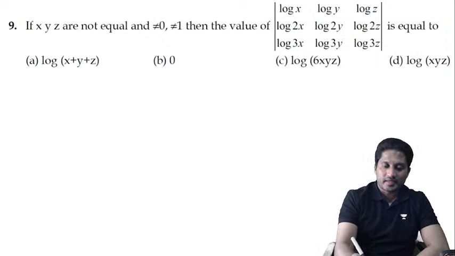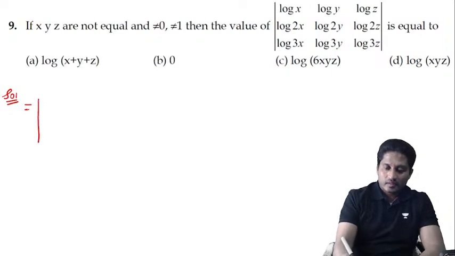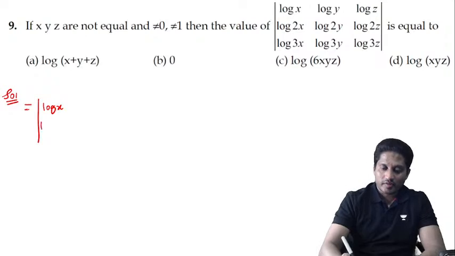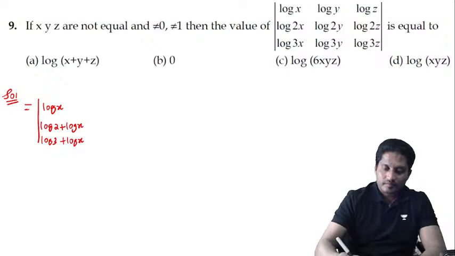Okay, question number 9. This is the determinant of: first column is log x, second column is log 2x. Log 2x can be written as log 2 plus log x. Log 3x can be written as log 3 plus log x. This is log y.